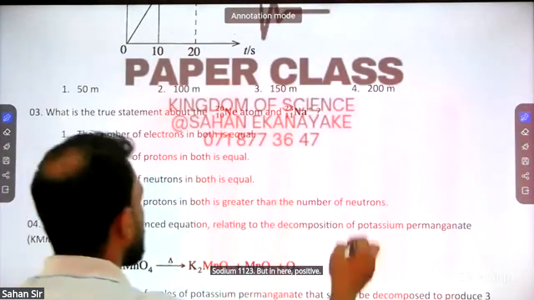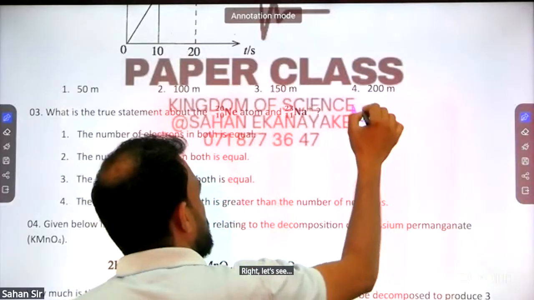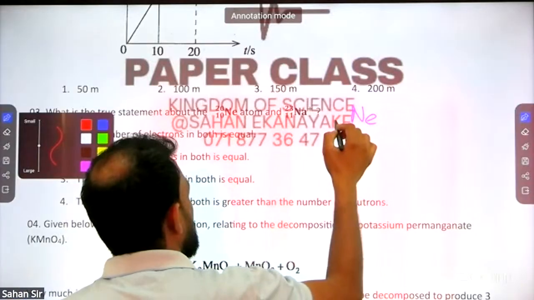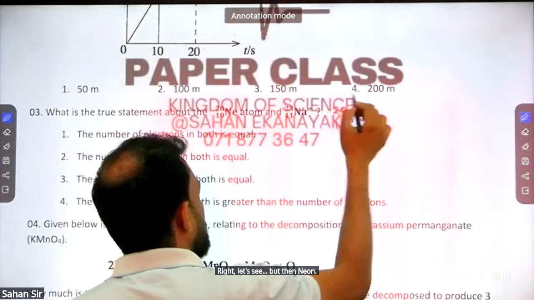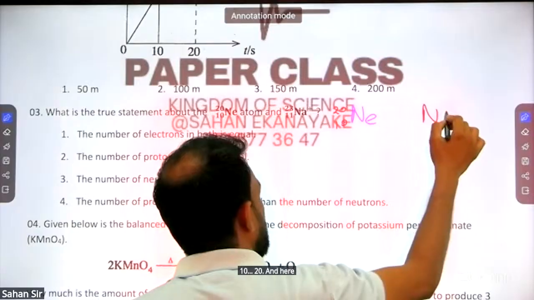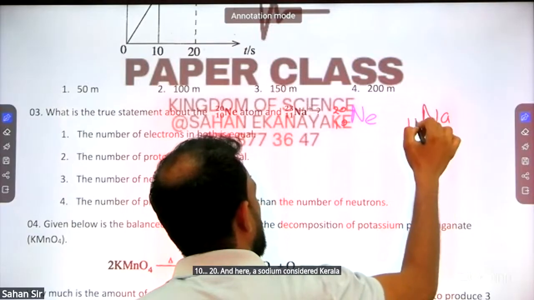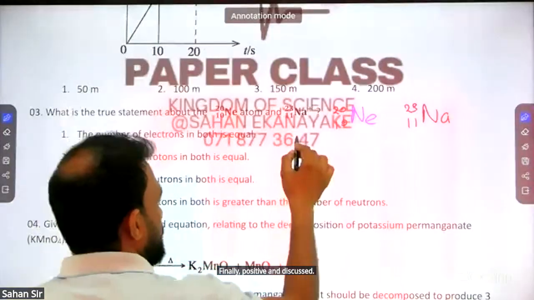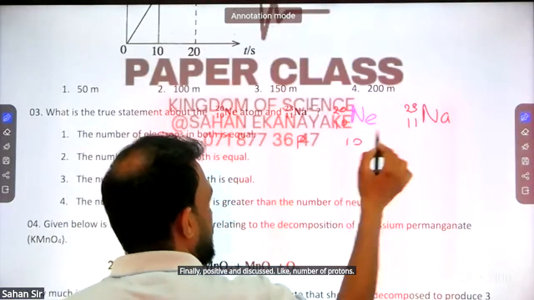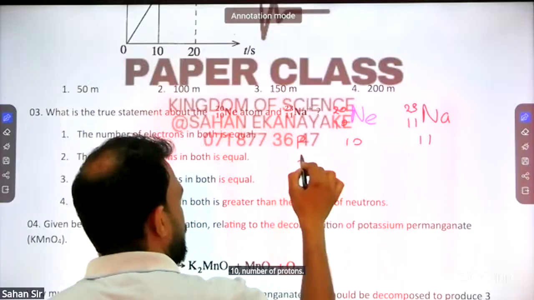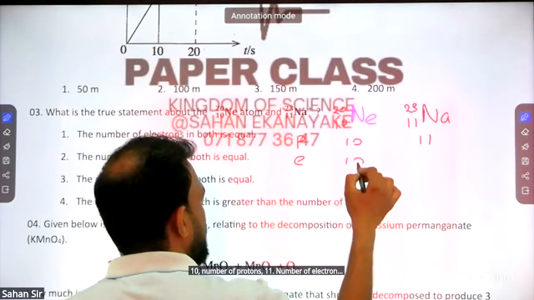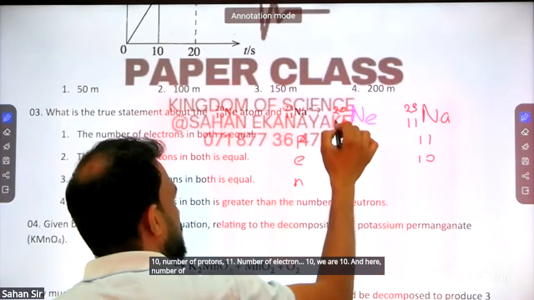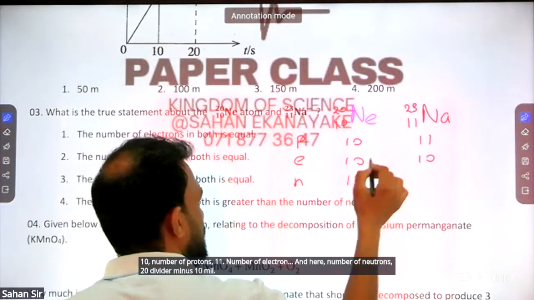Neon: number of protons 10, number of electrons 10, number of neutrons 20 minus 10, that means 10.